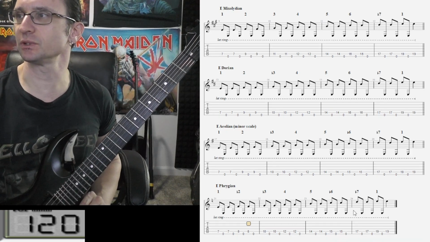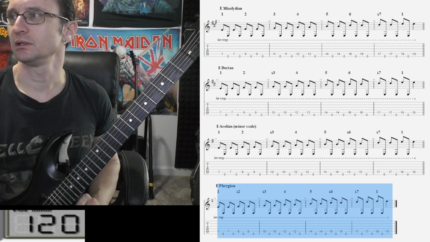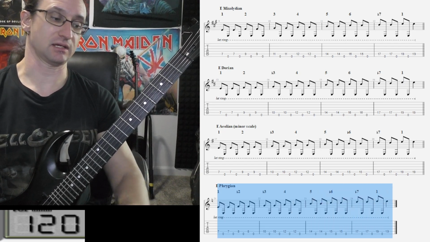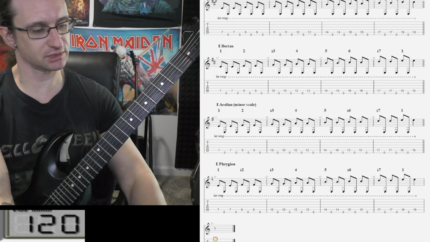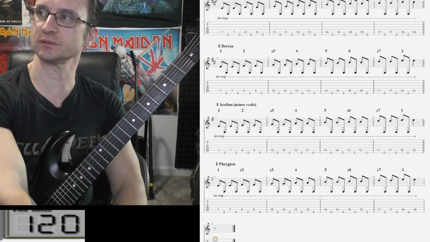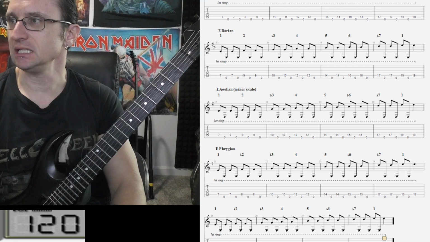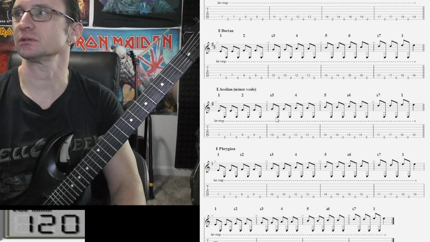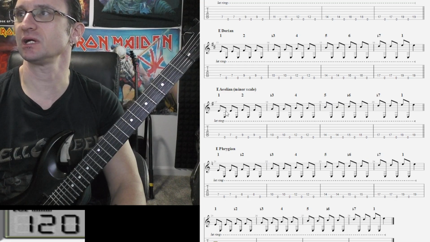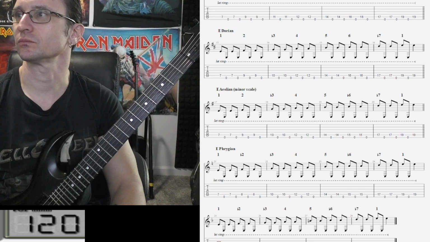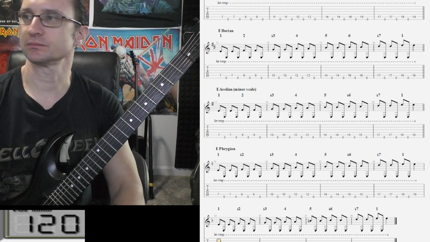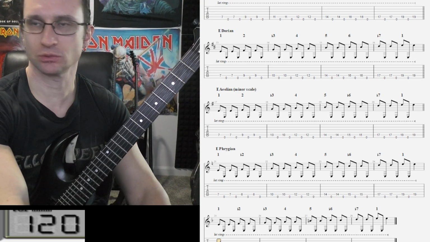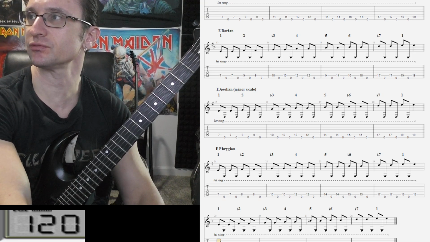In the last mode we're going to look at, which is actually the last mode that you come across in your major keys, Locrian. In this case, E Locrian, which is in the key of F major. E Locrian is in the key of F major. So to get Locrian, we're going to take that Phrygian mode and flat 5.